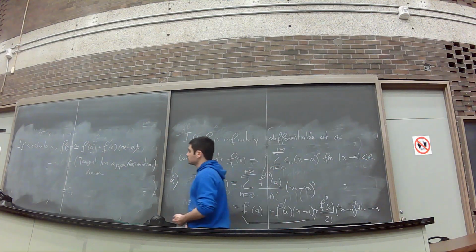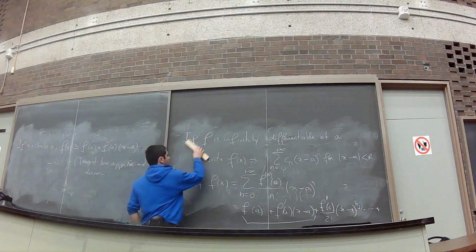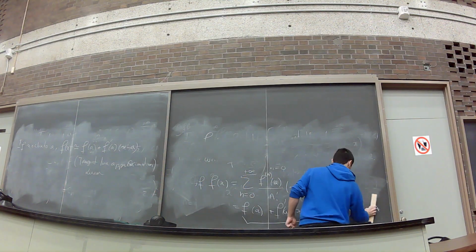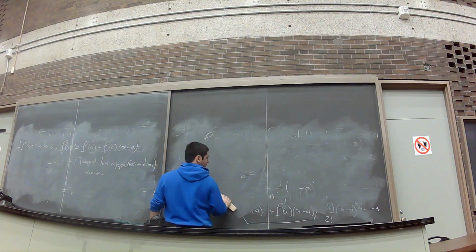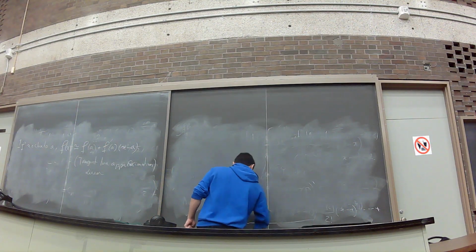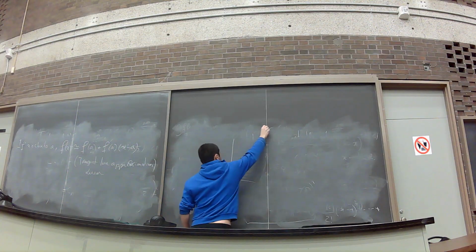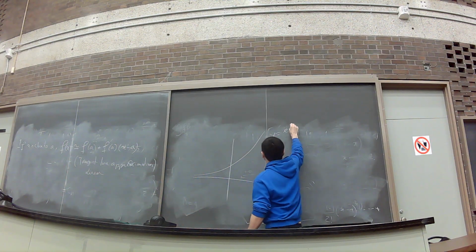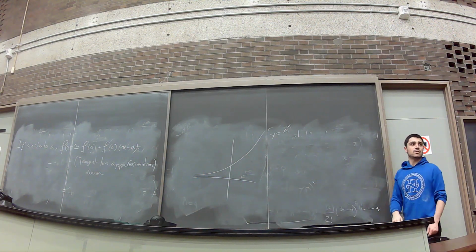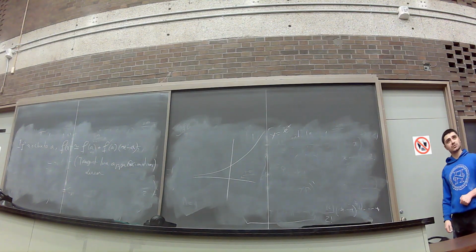Let's draw a small picture. And let's draw the curve y equals e to the x. What's the tangent line at 0? The tangent line at 0 of y equals e to the x is y equals 1 plus x, right?